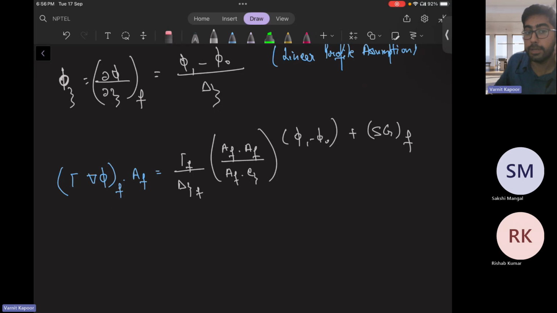Now, if it had been an orthogonal mesh, we would only be left with the primary gradient. There won't be a secondary gradient. If it would have been an orthogonal mesh, what would have happened? Think once again.